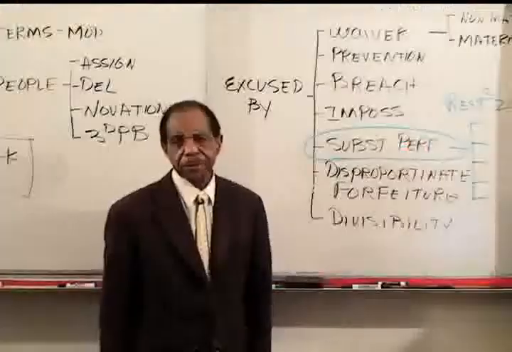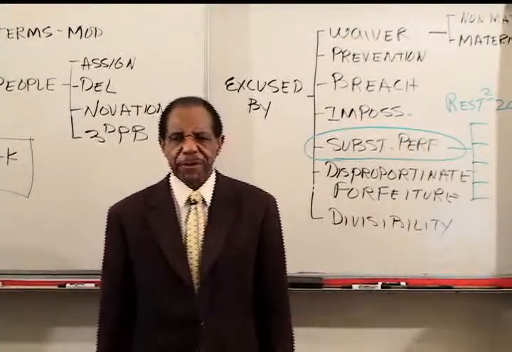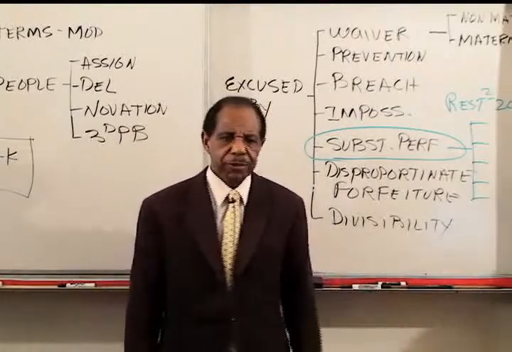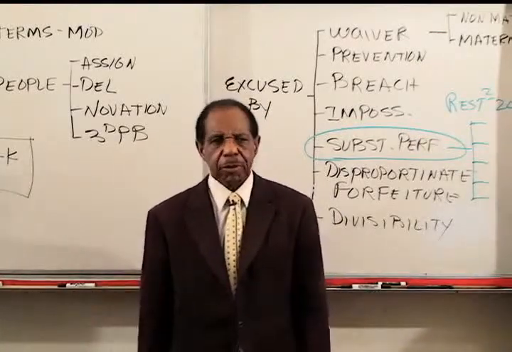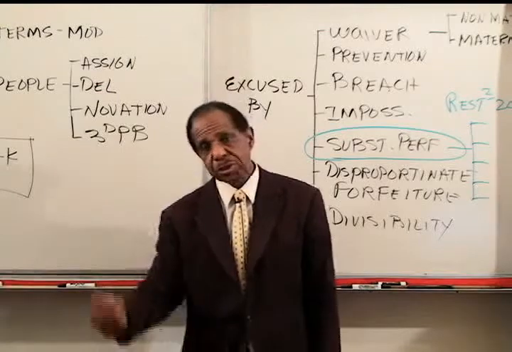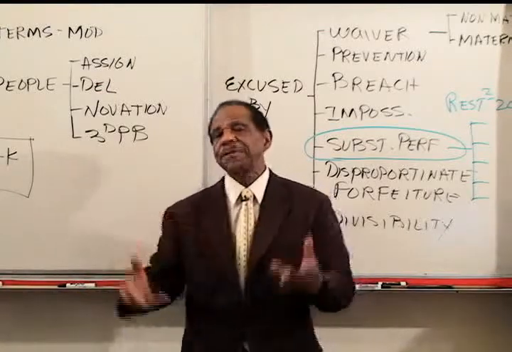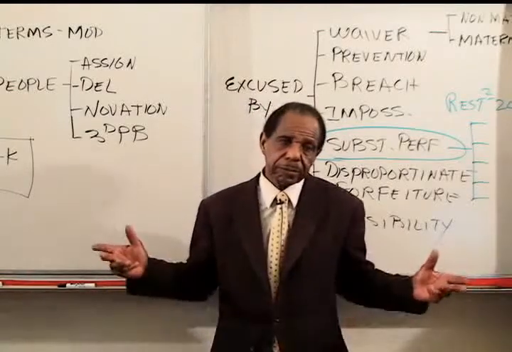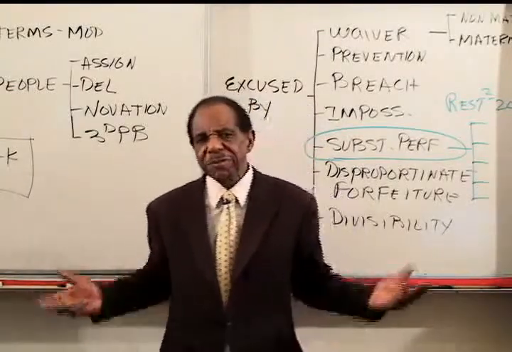Divisibility is the final one. Let's suppose I have a contract where I'm supposed to deliver coal to you for the next 15 months and I deliver it for 10 months and then I quit. So I've breached. Now the deal was that you're going to pay me at the end of 15 months for everything, for all 15 months of delivery. So after 10 months, I breach and you don't pay me anything.